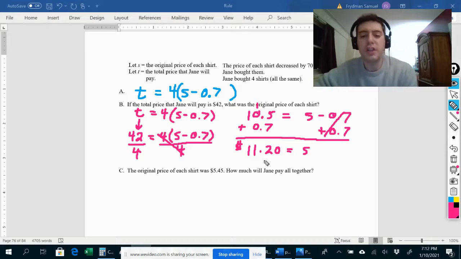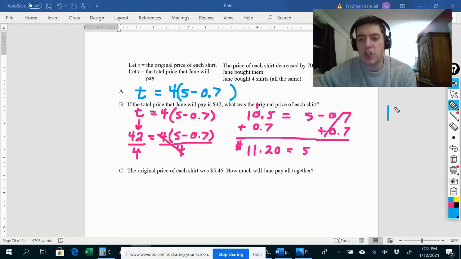Okay? So let's see if all of this makes sense. The original price of each shirt, we're saying, is $11.20. But we know from the problem that each shirt was decreased by 70. The price of each shirt decreased by 70 cents before Jane bought them.